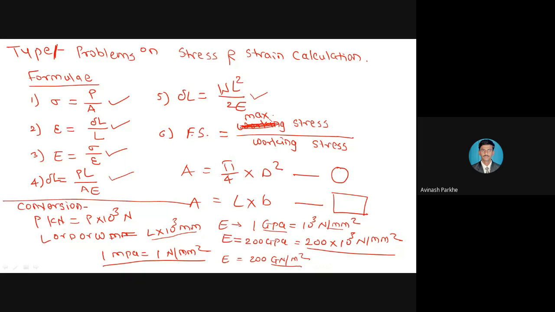So how is it to be converted? Here I will write at the top, E is equal to, 1 giganewton is equal to 10 raised to 9 Newton.